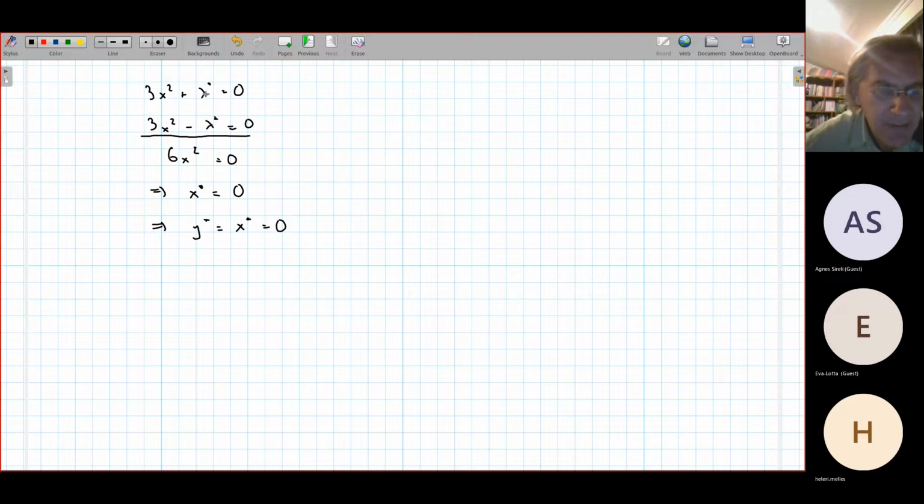And you can also obtain the value of lambda star from here. For instance, from the first one, lambda star is equal to minus 3 x star squared, which is equal to 0.